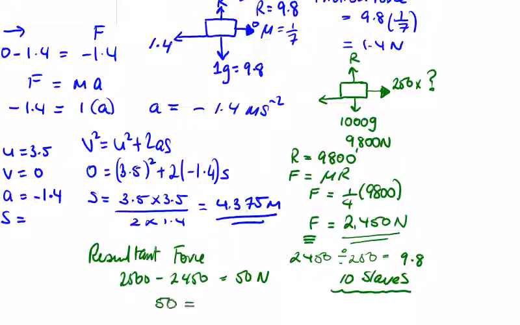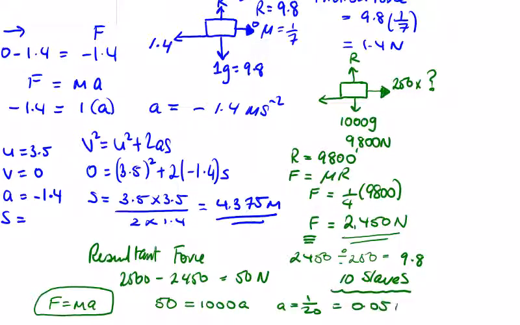So that 50 is equal to ma, mass times acceleration, and the mass was 1,000. So a is 50 over 1,000, 5 over 100, 1 over 20, which is equal to 0.05 ms to the minus 2.